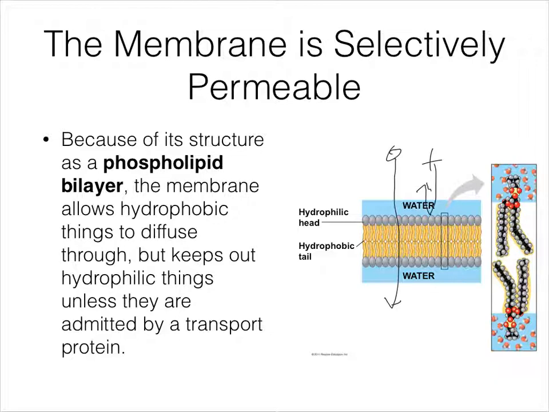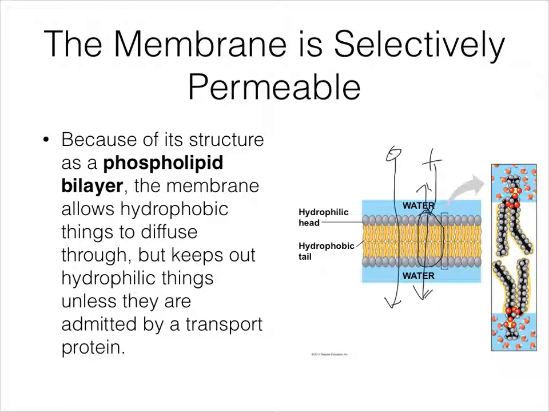Unless there's a protein, like a channel protein or some sort of transport protein, that will specifically admit them. So let's say we have a transport protein here, like maybe it's an ion channel, and now it opens up, and the hydrophilic thing can now cross through. But hydrophobic things usually don't need any assistance passing through the plasma membrane.